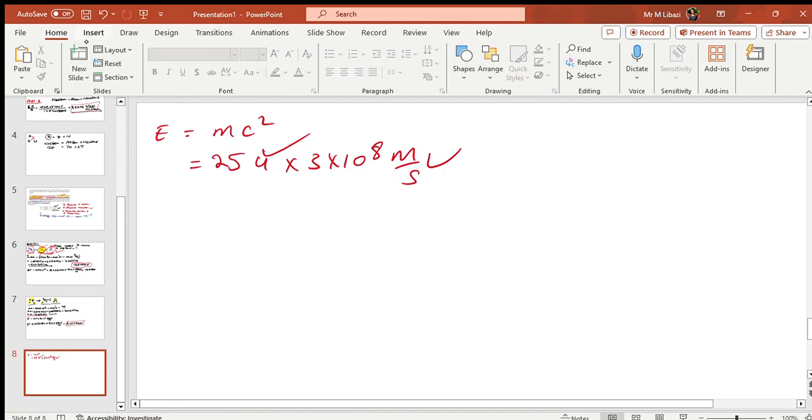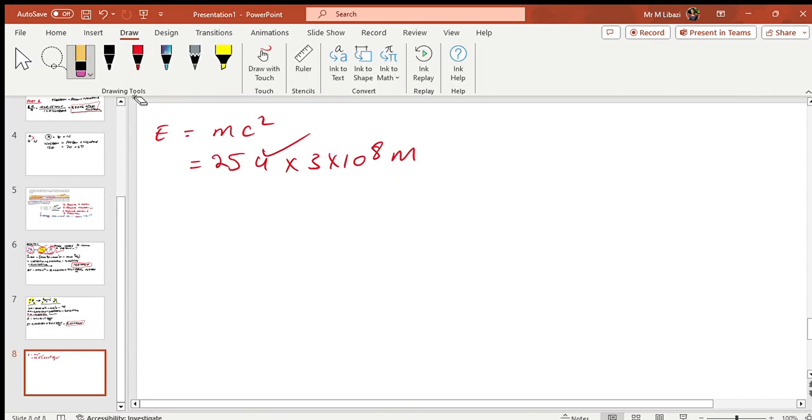With 931.5 MeV over U, this U will cancel that U. So in order for us to use c, we need to have our mass in kilograms, so that it will give us joules.